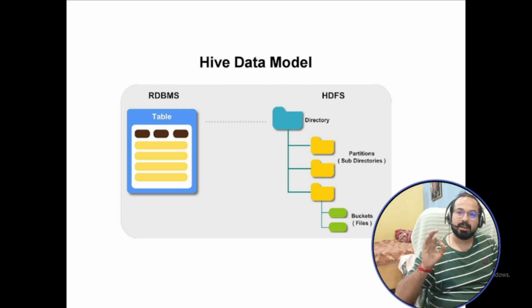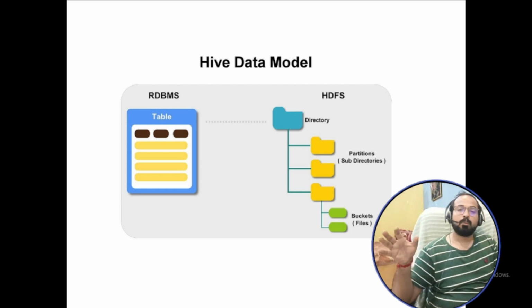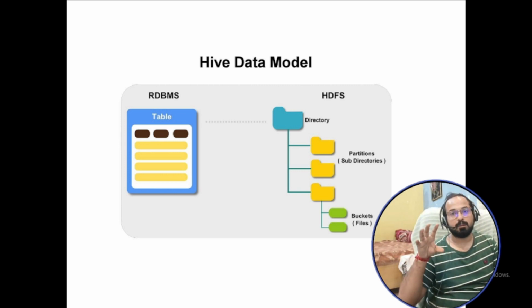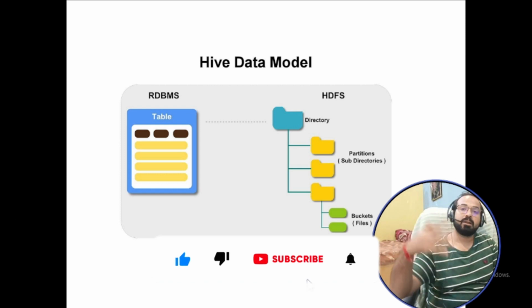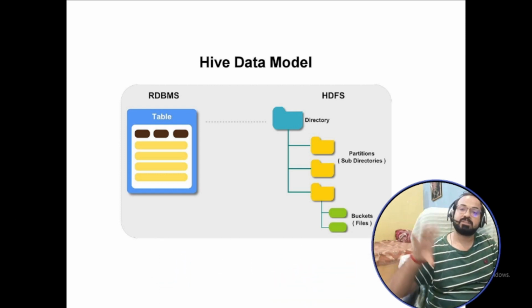With a normal table, if you perform a query and in the filter you give where city equals Mumbai, it will scan your whole data. So it will impact your performance. That's why partitioning and bucketing are concepts for optimizing your job queries. You can store your data in a very efficient way through them.